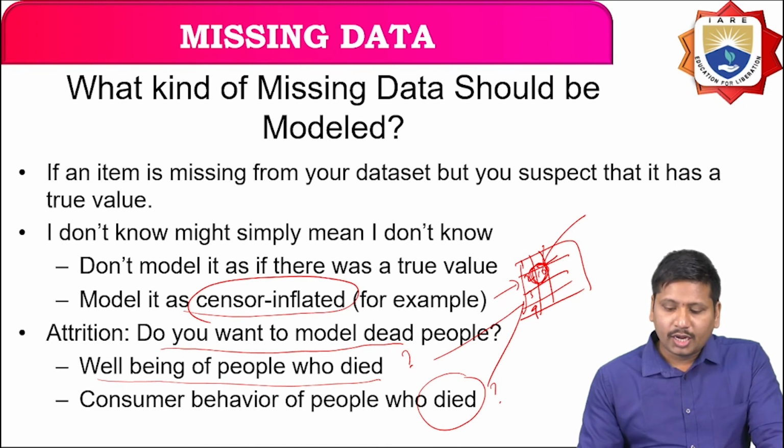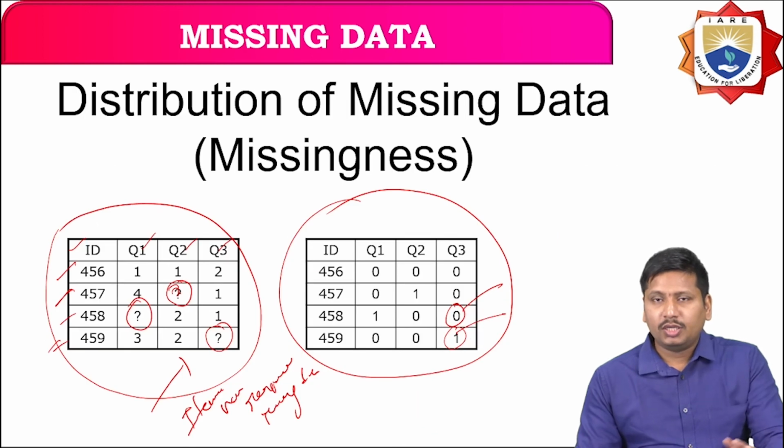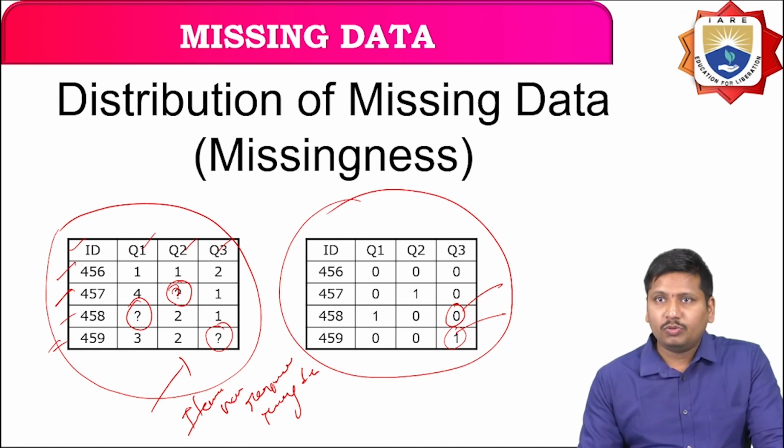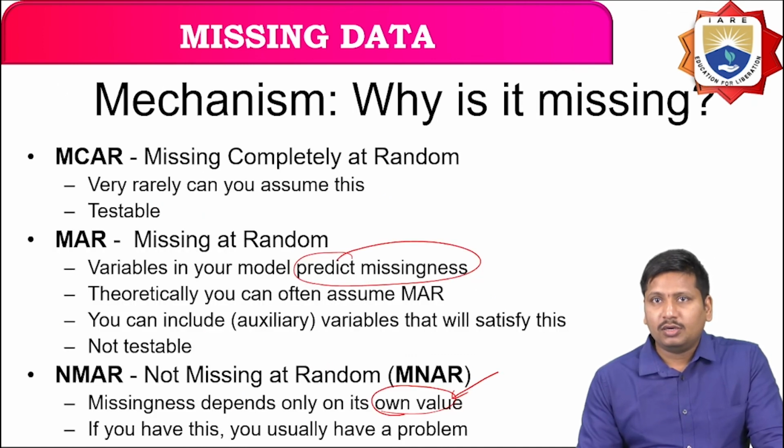What kind of missing data is going to be modeled? What are the ways for that? Here the distribution of the missing data is very important. I have to identify whether it is an ignorable missing mechanism or a non-ignorable missing mechanism, and based on that I distribute the missing data. What methods are available for handling missing data?